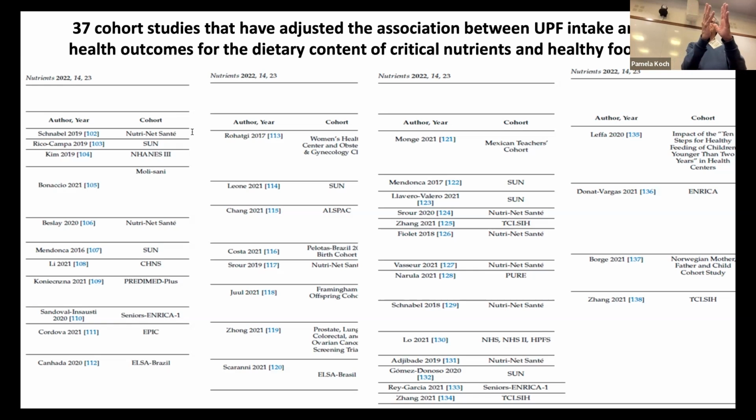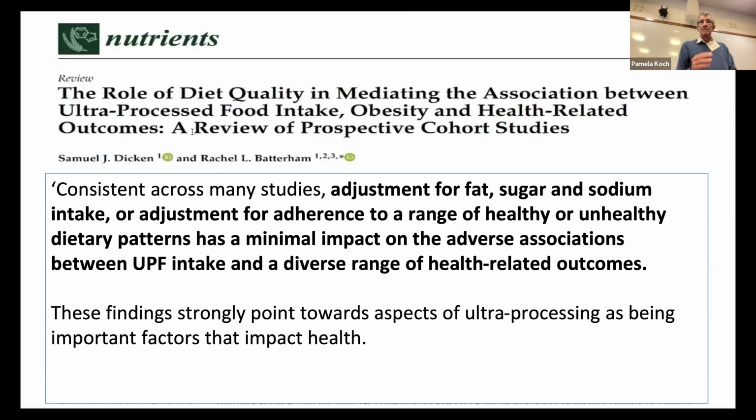And they observed what happened with the adjustment. With the adjustment, the association disappeared. Then you could say, well, everything is related to nutrients and the displacement of healthy foods. But what they observed was not that.